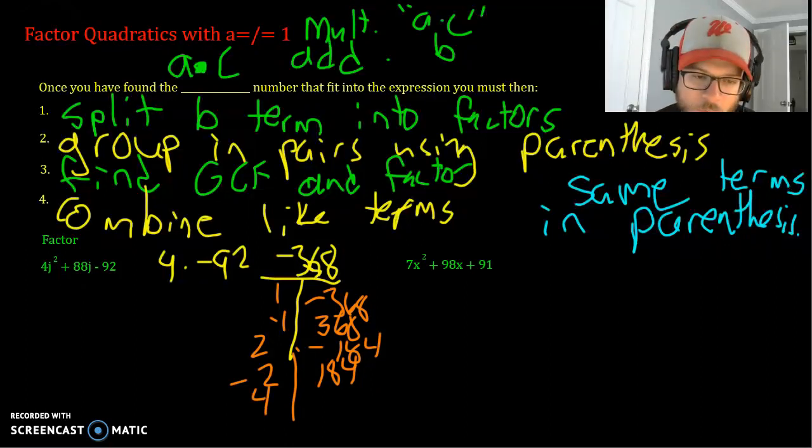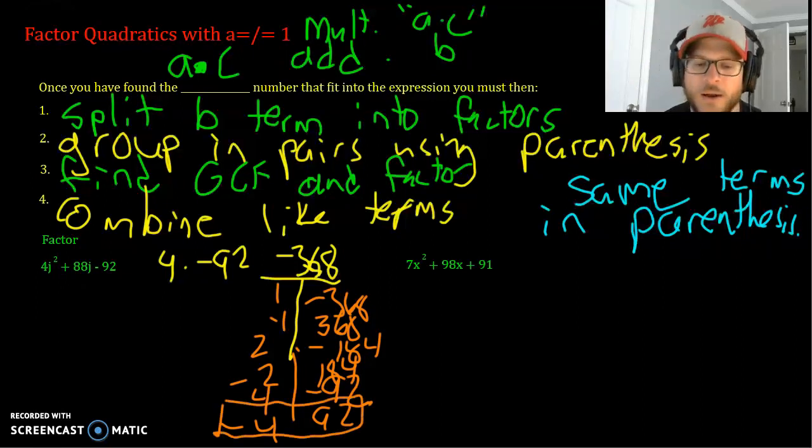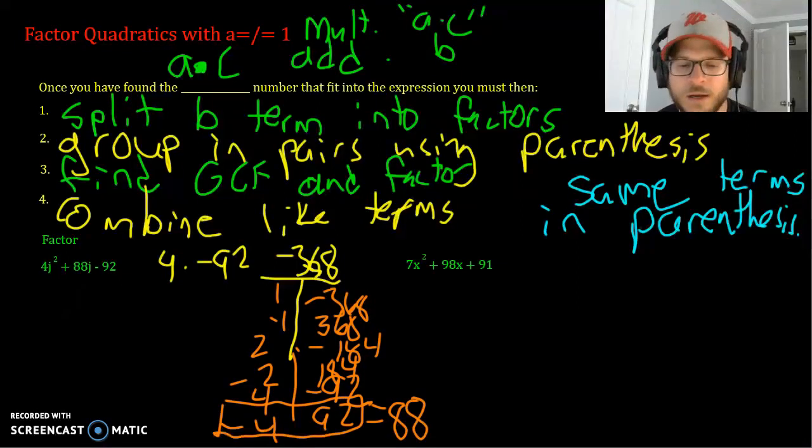Then we have a 4 and a negative 92, and then a negative 4 and a positive 92, and this is actually the group that we're going to be looking at. Negative 4 and positive 92 added together to equal 88. 4 and 92 are the numbers, but if you choose the other group with a negative 92, that gives you a negative 88.